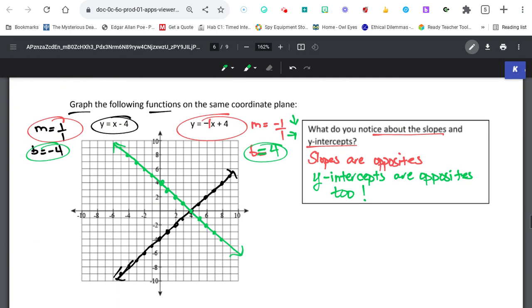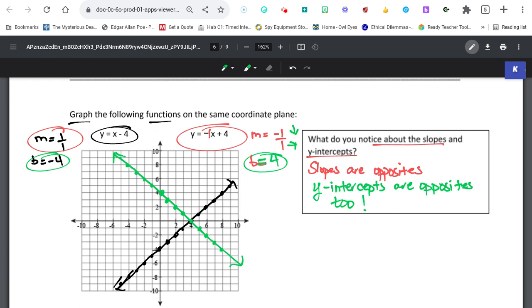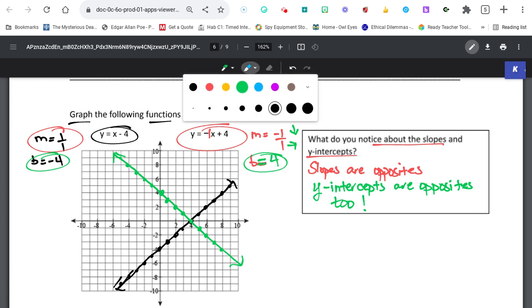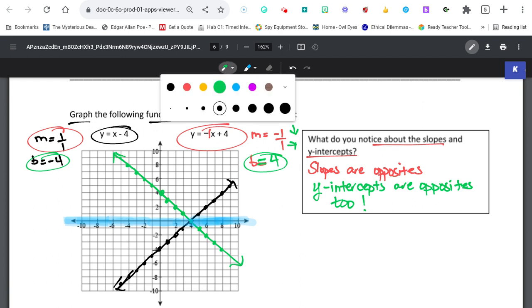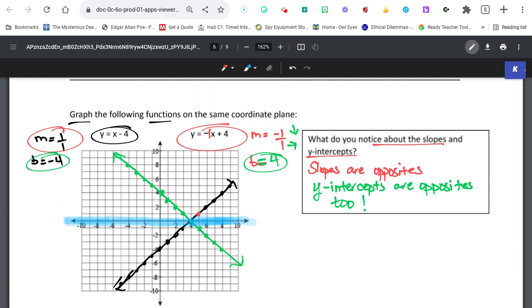But let's look at what happens here between the black line and the red line. Instead of highlighting the y-axis, I'm going to highlight the x-axis, guys. So let's look at the black line. If I were to fold this across that blue highlighted line, let's see what would happen. If you fold it across this line right here, then this point turns into that point.